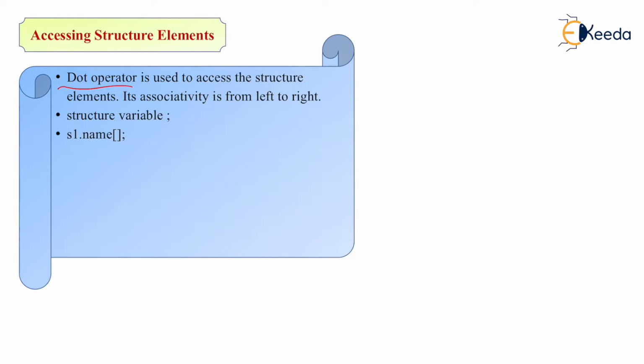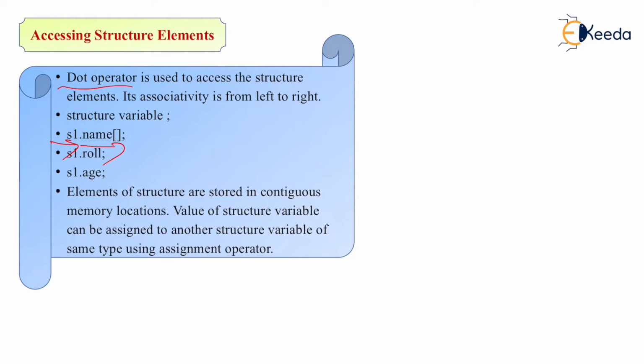First it will access the s1 variable, and then it will access those structure members, s1 roll number, s1 age. Elements of a structure are stored in contiguous memory locations. Values of a structure variable can be assigned to another structure variable of the same type using the assignment operator.